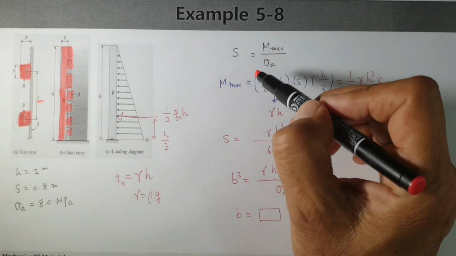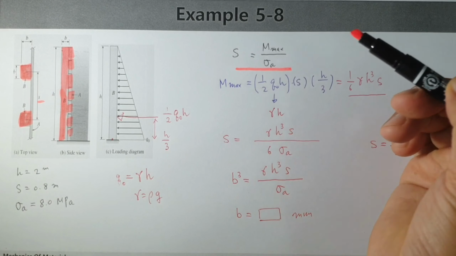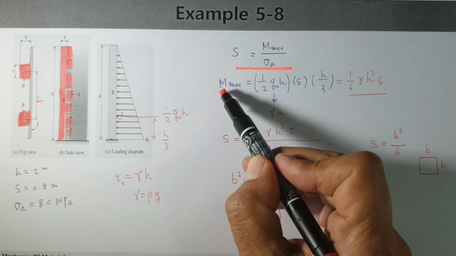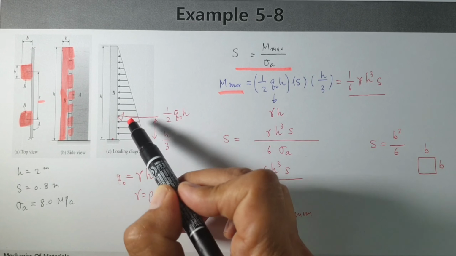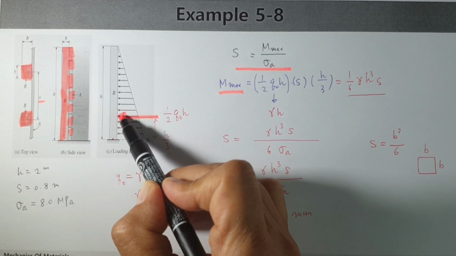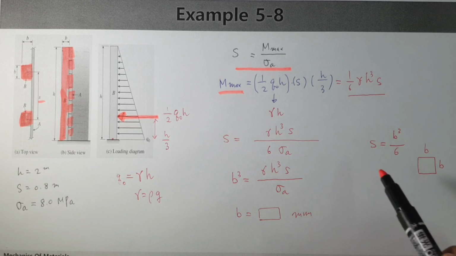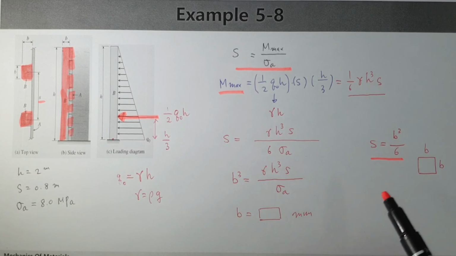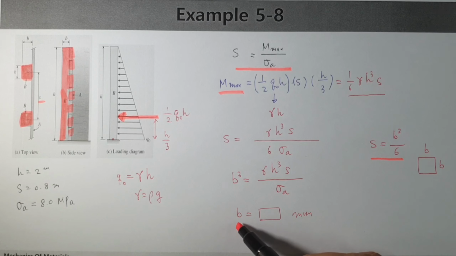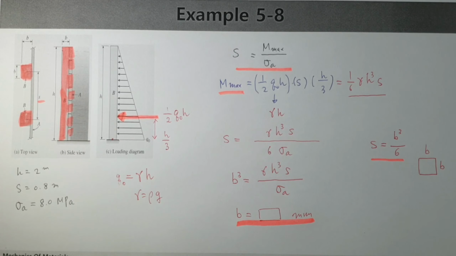Okay, we can apply this equation first. Firstly, we've calculated the bending moment. In order to find the maximum bending moment, we've considered an equivalent concentrated load there and applied the section modulus, and finally we can calculate the required dimension related to the post.